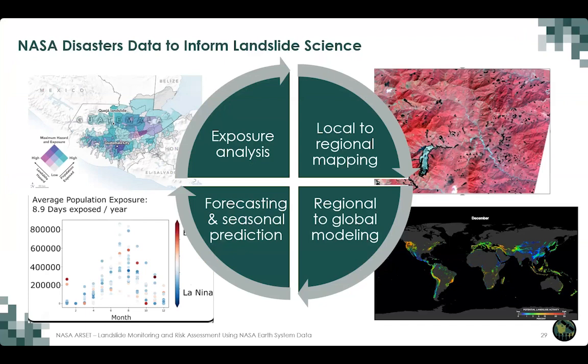On the bottom left, we're thinking about the potential changes in landslide impacts as a result of El Nino status, and that's something we can then predict several months in advance. And then finally, on the top left, we're looking at the potential for landslide impacts at a county level and the population exposure in those individual counties in certain parts of the world. All of this is accomplished using satellite imagery and data, and we're going to teach a little bit more about how you can do that in the next few slides.